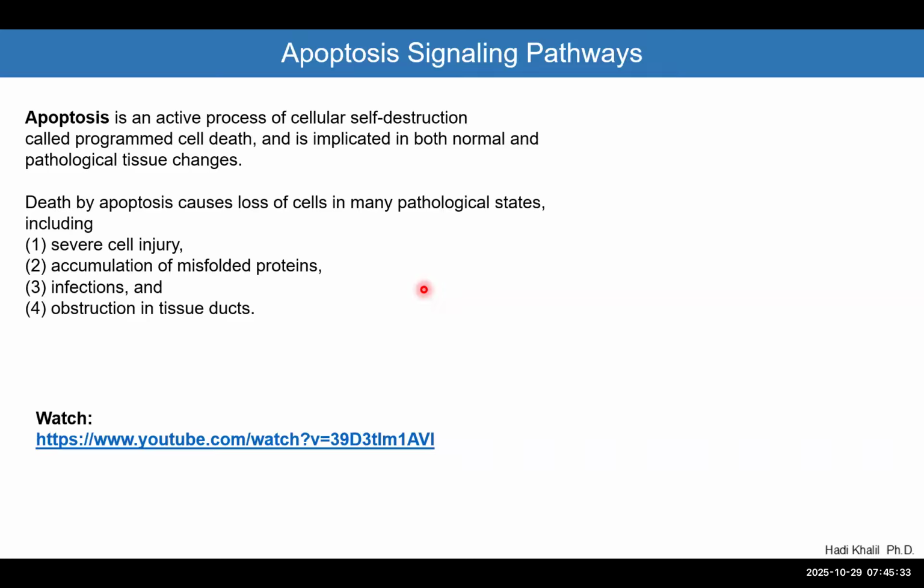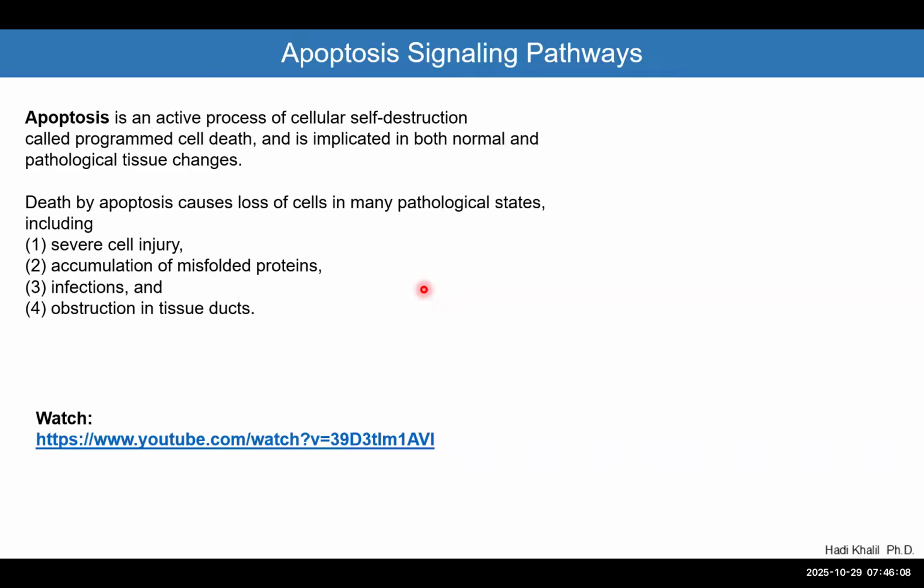So apoptosis per se, I think I don't have to define it for you now because you already have the discussions through all the slides till today. It's an active process of self-destruction where the cell has a programmed death, which happens both in physiological and pathological conditions. One of the most known physiological conditions is, for example, the separation between our fingers, the digits. Without apoptosis, our hands might not have separated fingers.